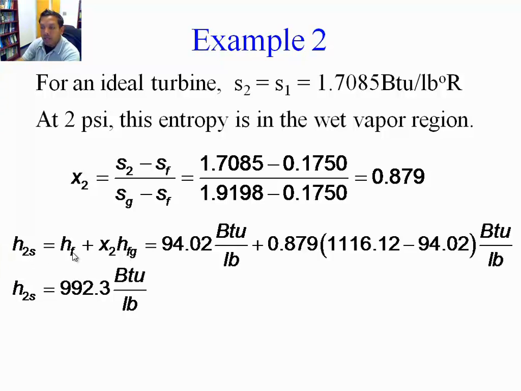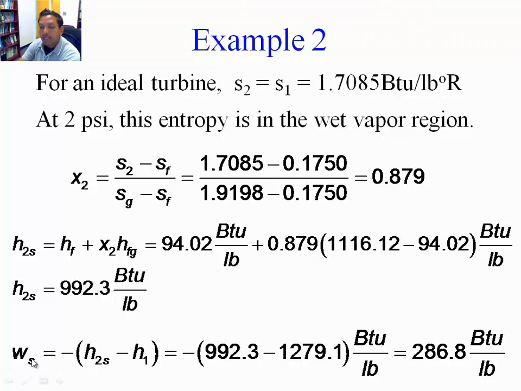The enthalpy of saturated liquid at 2 psi is 94.02, and the enthalpy of saturated vapor at 2 psi is 1116.12, in BTU per pound. Using the quality of 0.879, that yields 992.3 BTU per pound of enthalpy at the outlet, should the process be ideal, should the process be isentropic.